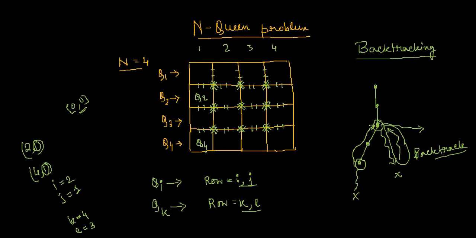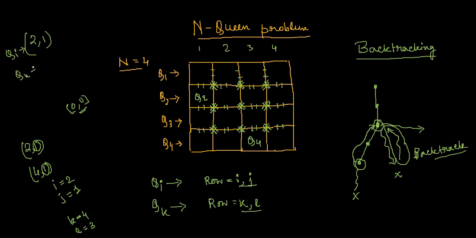Now I have another situation also. For example, something like the previous one that we have just seen. Queen 4 was here. How can you represent this? The representation for queen I is 2, 1.